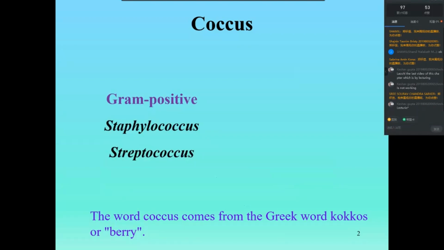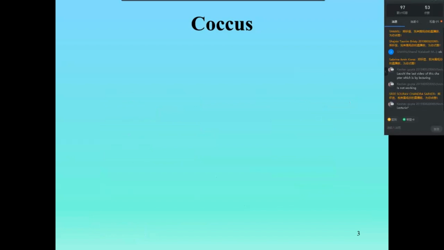So these are the gram-positive bacteria. We'll also learn a group of gram-negative bacteria, the gram-negative Coccus, in the genus Neisseria, and in this group we'll also learn two important pathogens.